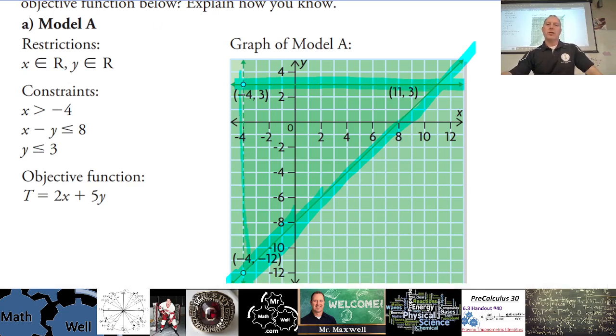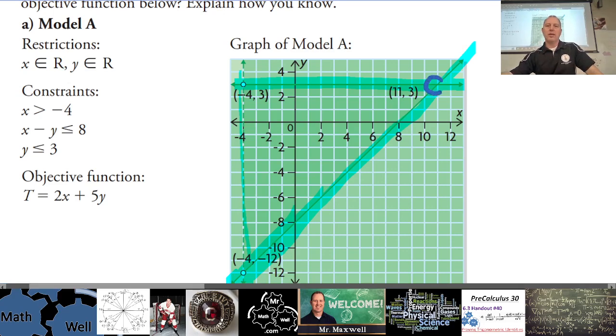The corners are, well, (11, 3), that's going to be a point that's in the solution region, because these are both solid lines here. This is technically a corner, but notice that it is an open circle there. You see that open circle?